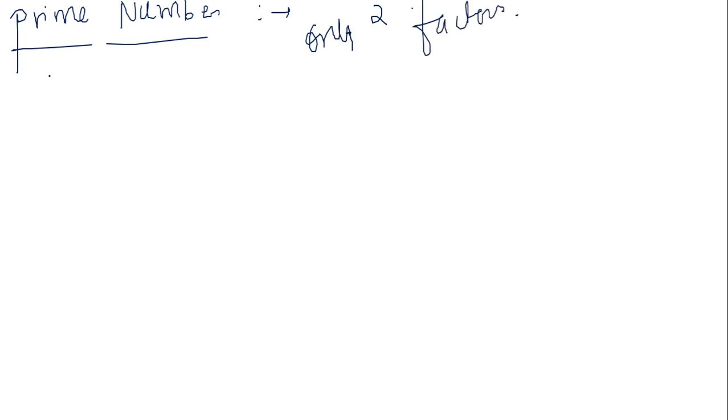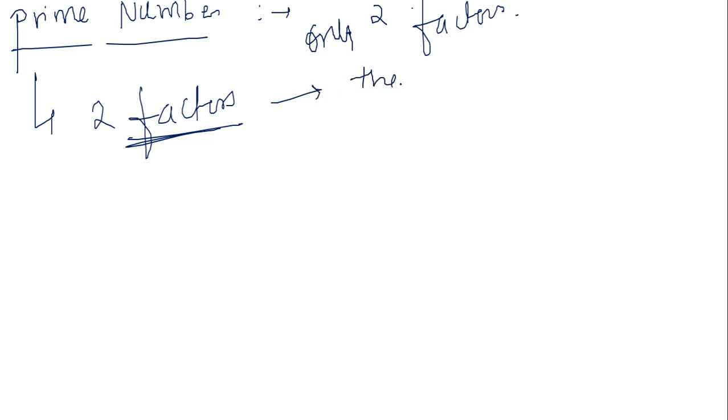Or we can say that prime numbers are the numbers which have 2 factors, among which one is the number itself and the second factor is 1. So if the number has 2 factors which consist of 1 as the first factor and the number itself as the second factor, then that is nothing but a prime number. I hope that you have understood the concept of prime numbers.